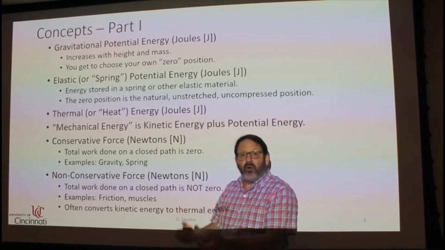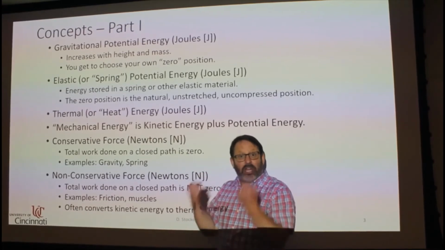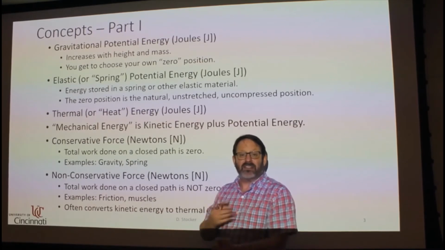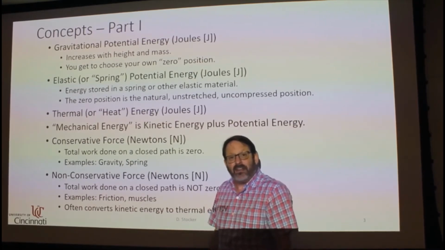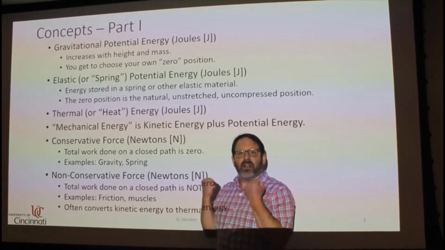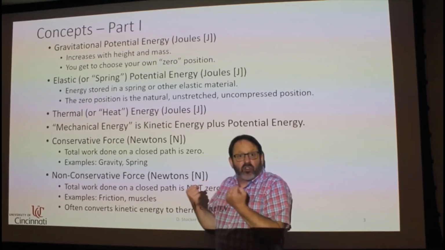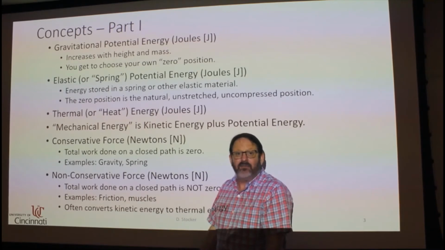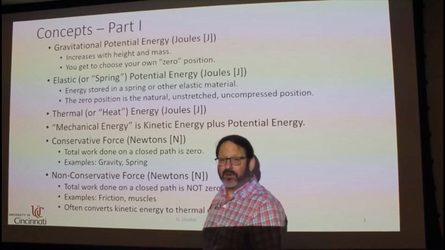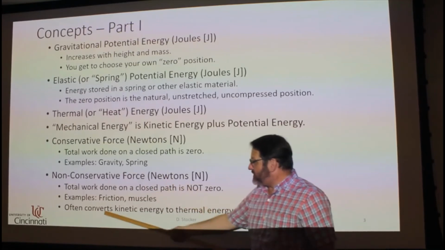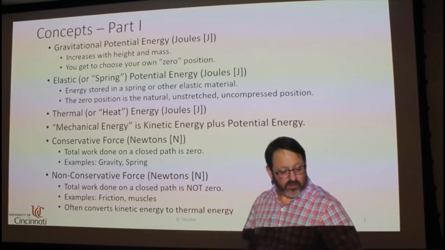If I instead am holding the mass and curling it, I can't go all day because my muscles don't produce a conservative force. If it did, I would use a force to bring it up and I'd be doing work, and then that work would get somehow stored back in my muscles again when it goes down. That's not how muscles work. So these non-conservative forces convert kinetic energy to thermal.